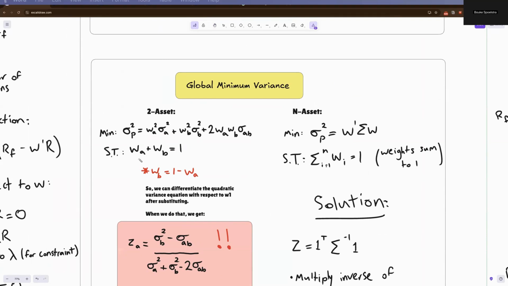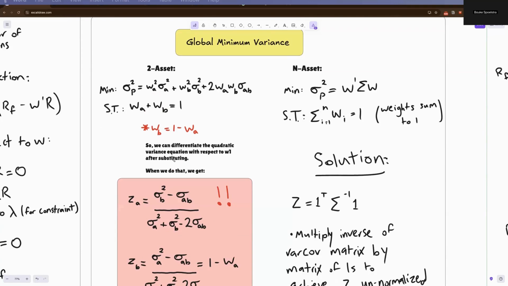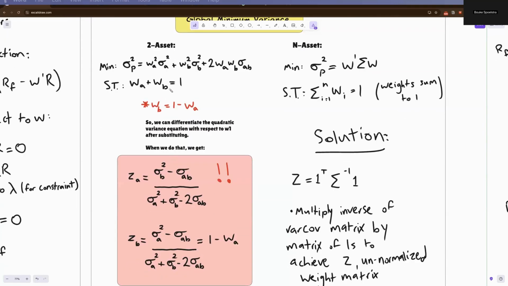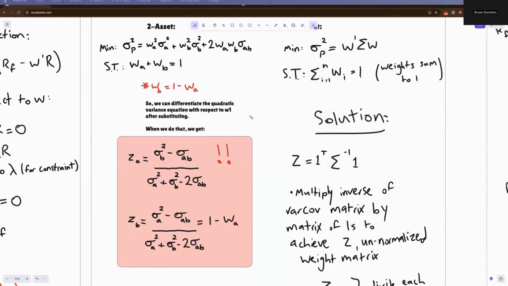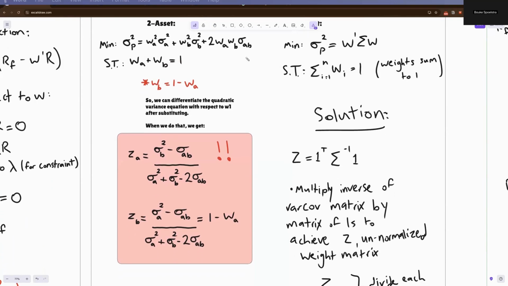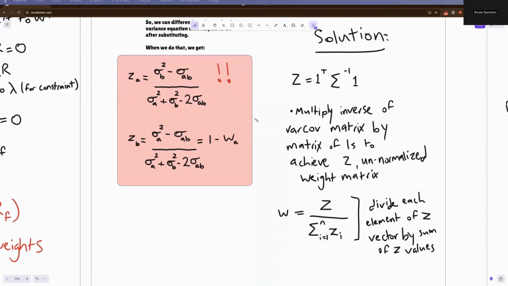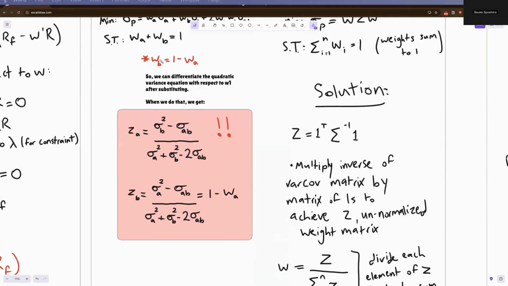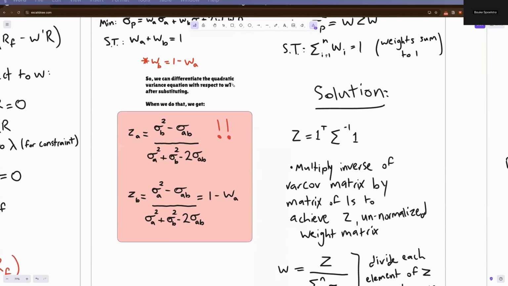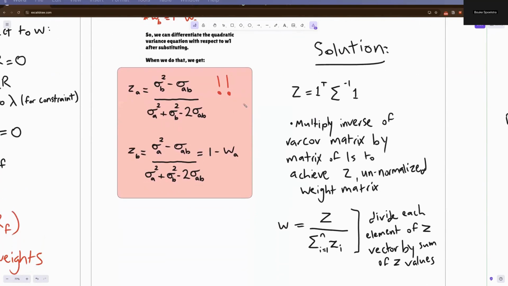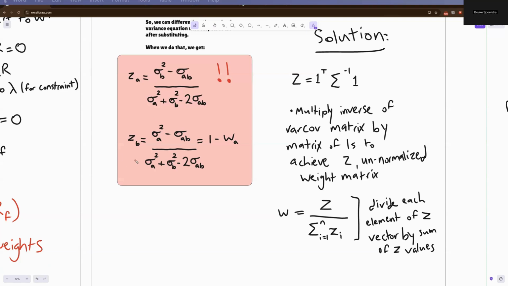So the only constraint is that the weights have to add up to 1. What's nice about this is it means that the second weight is just 1 minus the first weight. So when we differentiate the quadratic variance equation with respect to WA, after we substitute, we get these formulas for the unnormalized weights for global minimum variance.